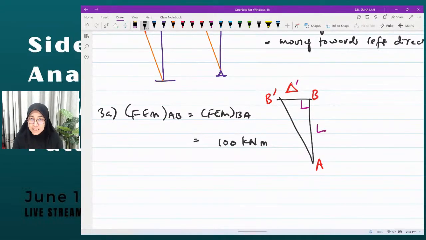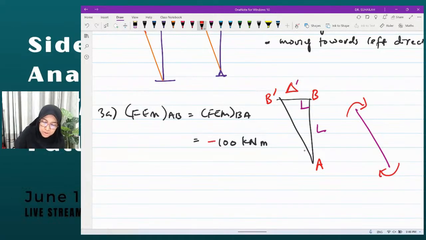Negative or positive? It is positive. It is a positive moment. 100 is the value, the assumption.